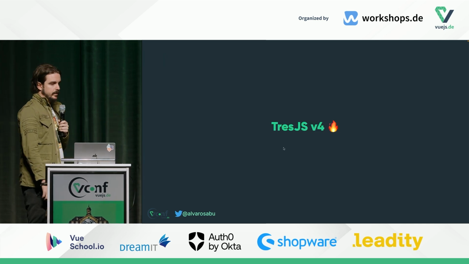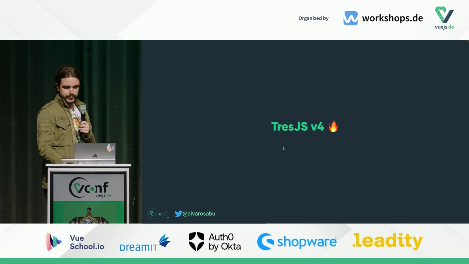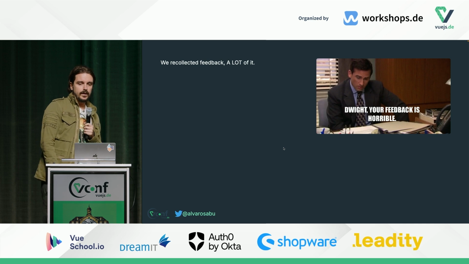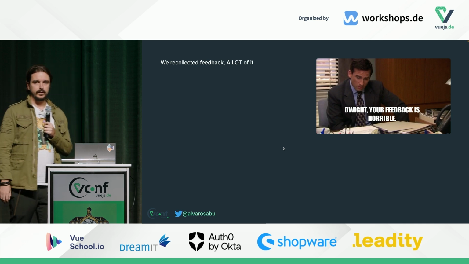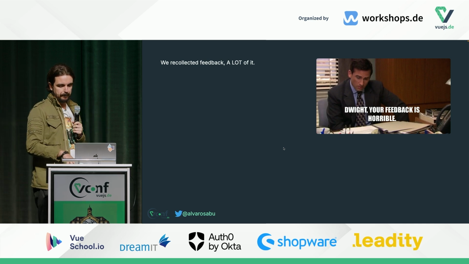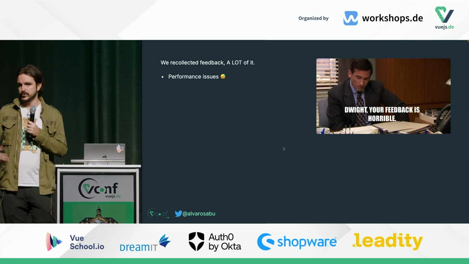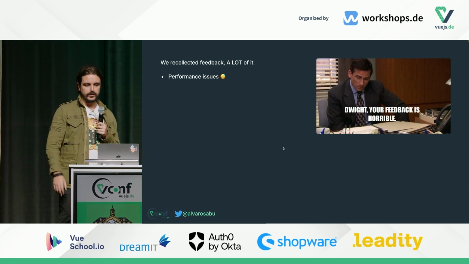So we are already in version 4. We have iterated a lot and obviously created a lot of breaking changes. We collected a lot of feedback from the first iteration, like last year. We asked users, OK, are you building things with 3D, with Vue, with TresJS?